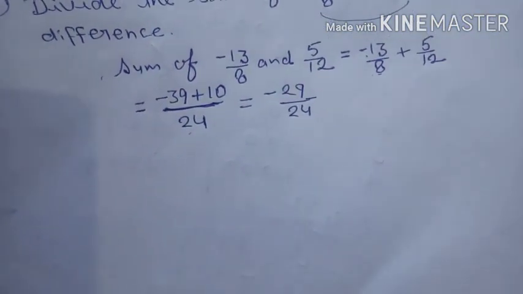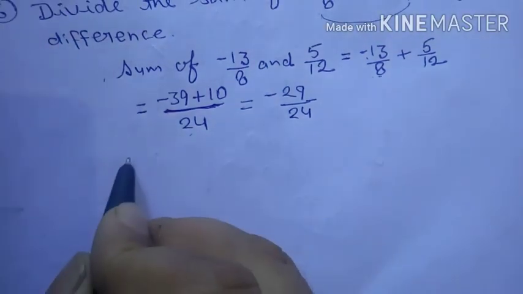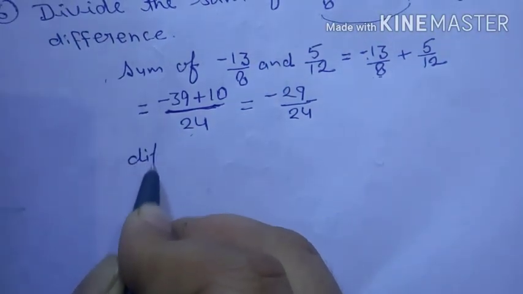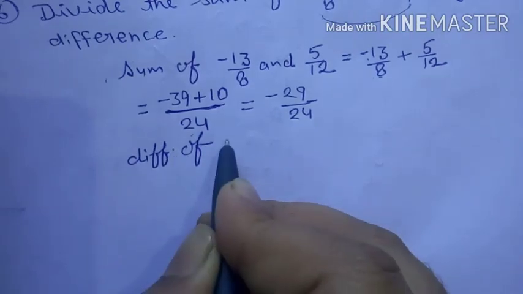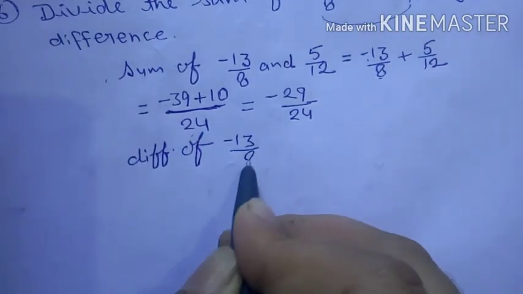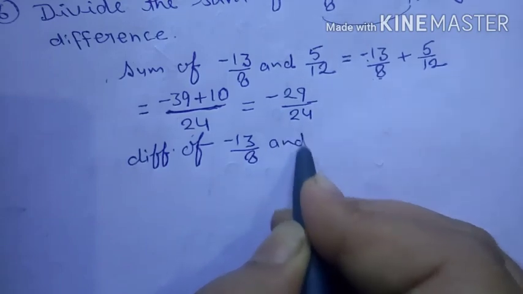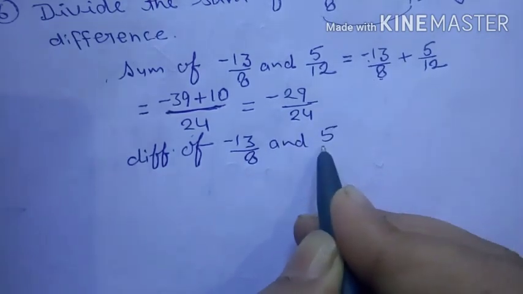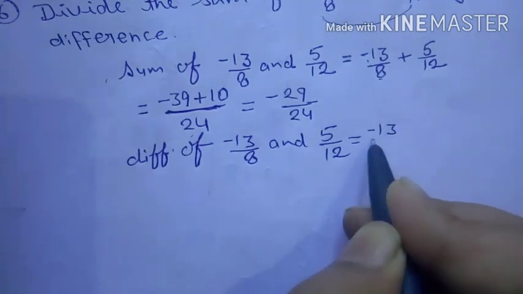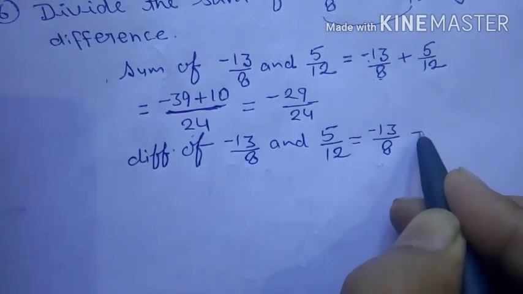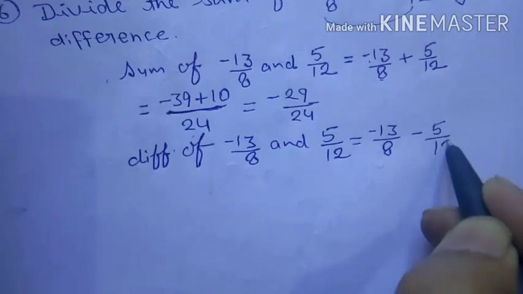Now we will find the difference of these two rational numbers: minus 13 upon 8 minus 5 upon 12.